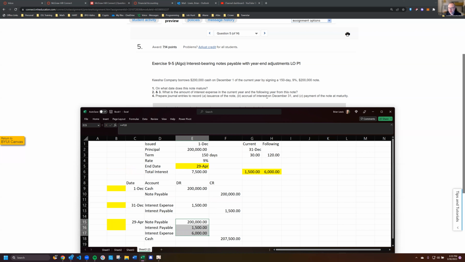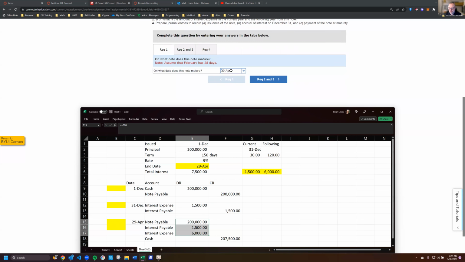Let's double check our work. April 30th. Ooh, it says the 29th. Oh, it has assumed February has 28 days. So we must have 29 days somewhere. Okay. How did that work? We must have 29 days in next year.